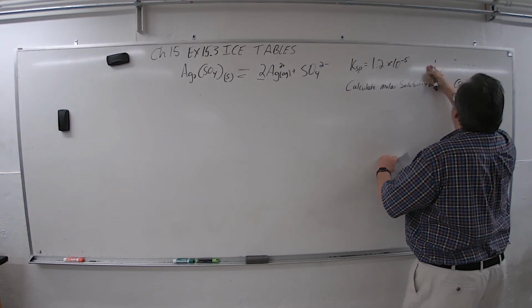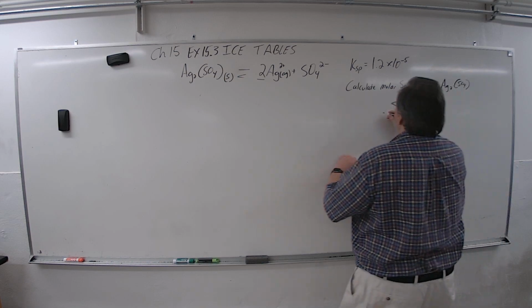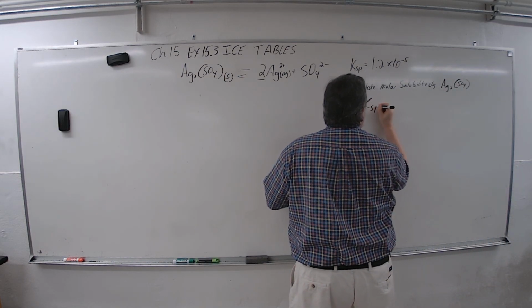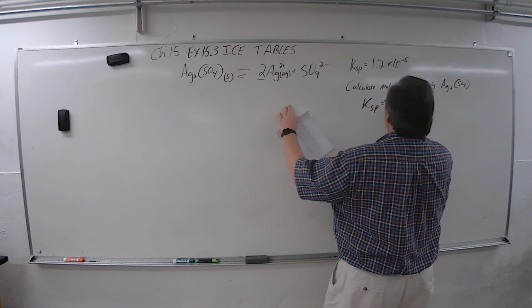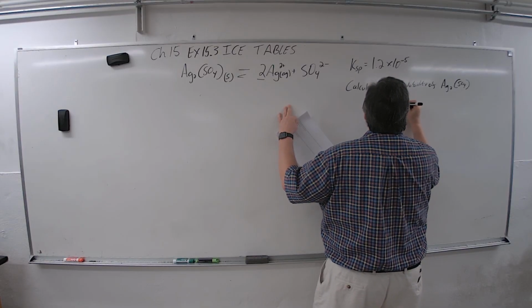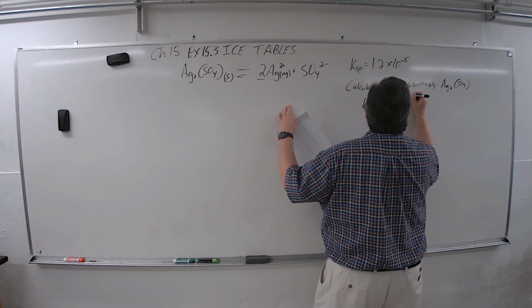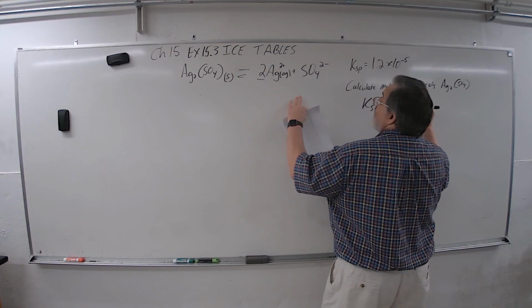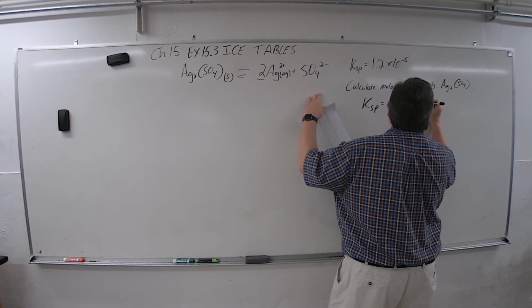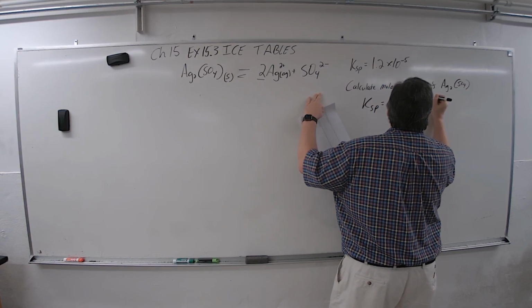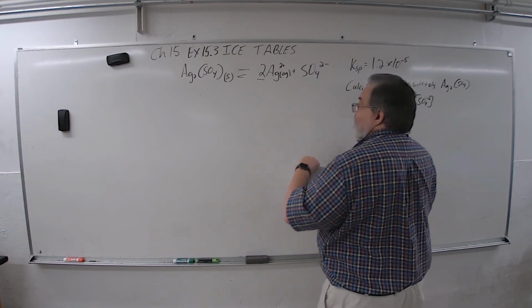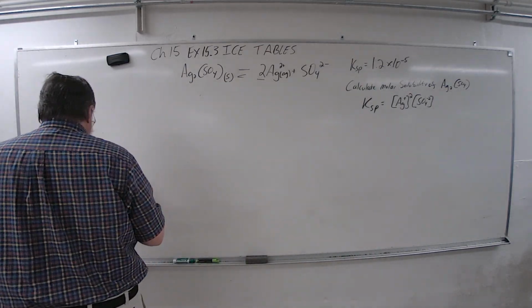That's what we have. And in this case, Ksp equals the concentration of Ag plus squared times the concentration of SO4 2 minus. There's that.